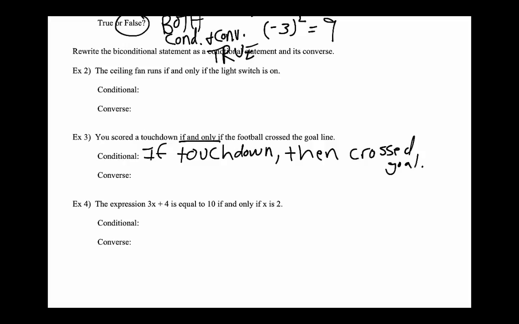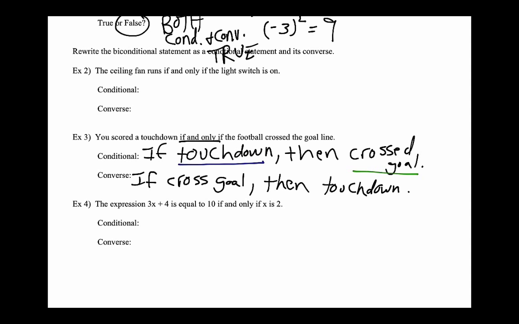Simple enough. Now to write the converse of that, I switch the hypothesis with the conclusion. Remember, the hypothesis is the part that follows the if, and the conclusion is the part that follows the then. So I'm going to switch those two things around. The converse would be, if the ball crosses the goal line, then that's a touchdown.